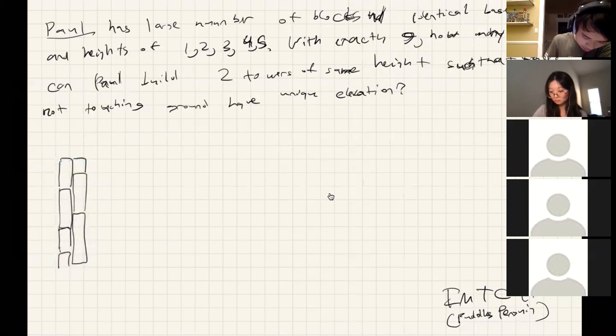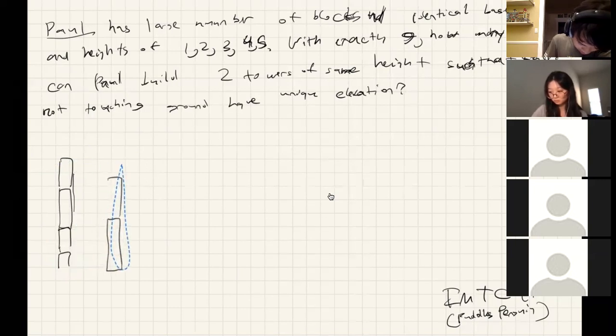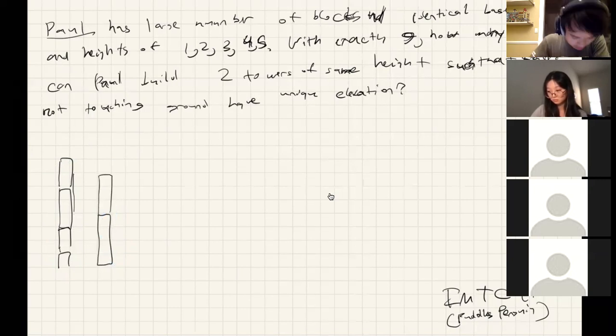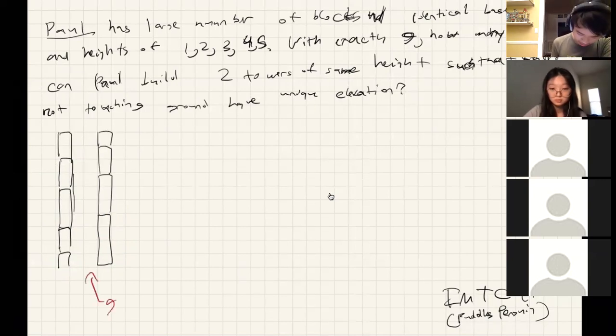Let me just keep constructing. I have the two towers here, and there's 9 blocks in total. And each of the blocks has a unique elevation.